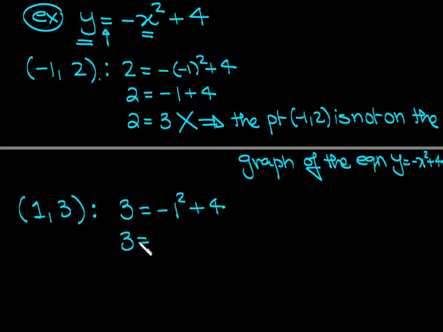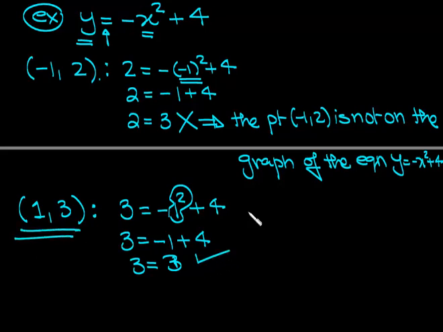So we get 3 is equal to minus 1 squared plus 4. Remember, we're only squaring 1 here, not the negative. If we were, they would put parentheses like we did up here. So we get minus 1 plus 4. So we get 3 is equal to 3. So that's a good point. This point is on the graph.